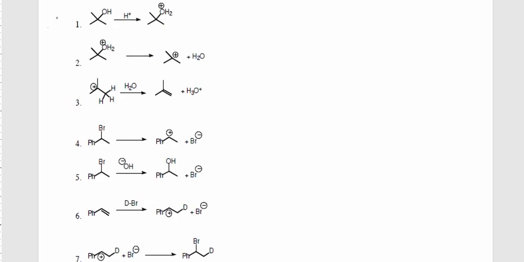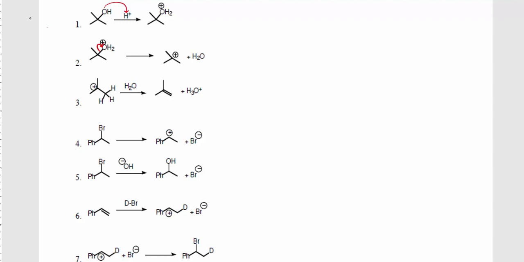Here we have our oxygen that comes after this hydrogen, makes this protonated alcohol. Then we have a protonated alcohol, and we're going to make a carbocation, and we're going to do that by breaking the bond between the carbon and the water molecule. Water tends to be a decent leaving group because it's stable.